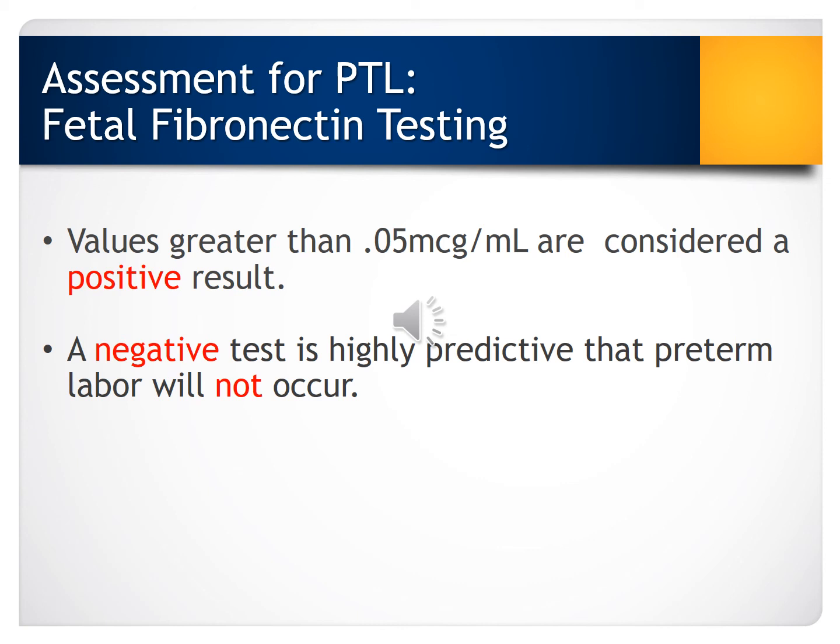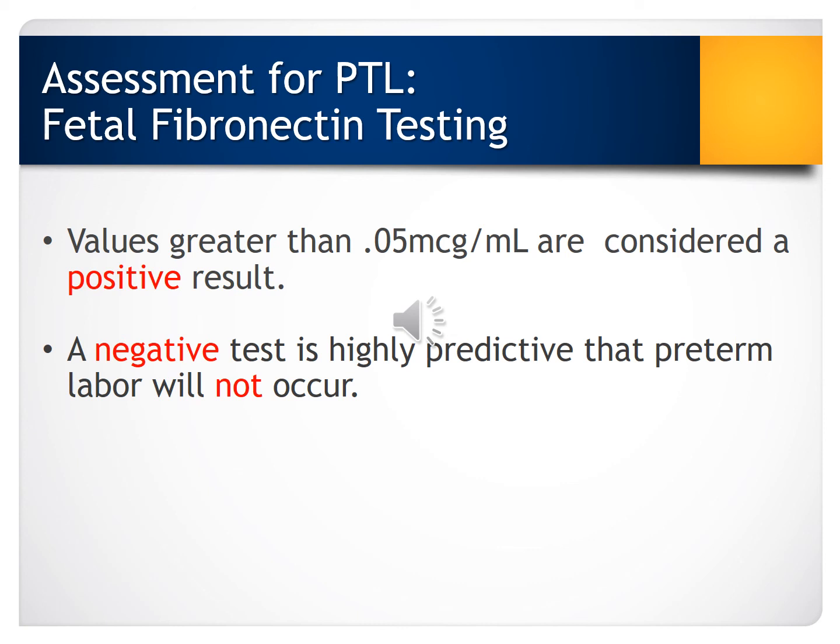I know that's a little bit confusing, but the fetal fibronectin test tells us that labor will not occur. It doesn't tell us that preterm labor or delivery is imminent, or that it's positively going to occur. So it can occur with a positive reading, or it may not occur.